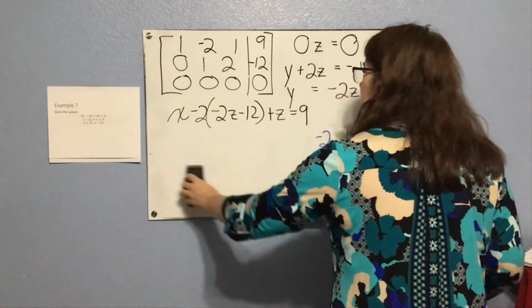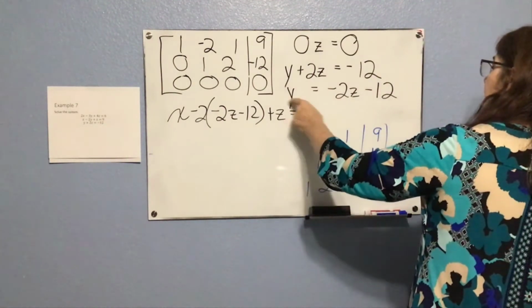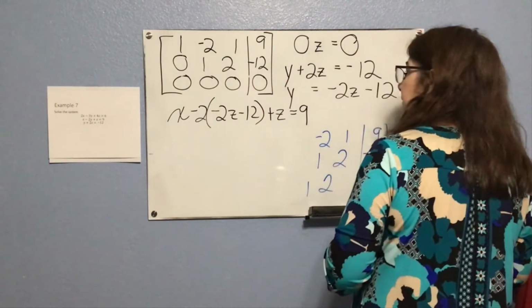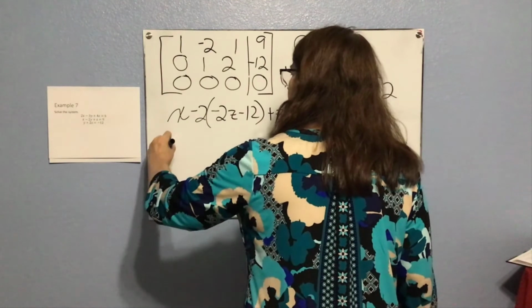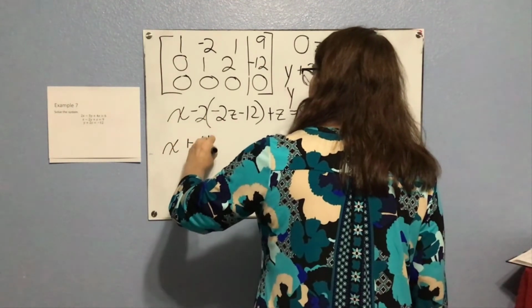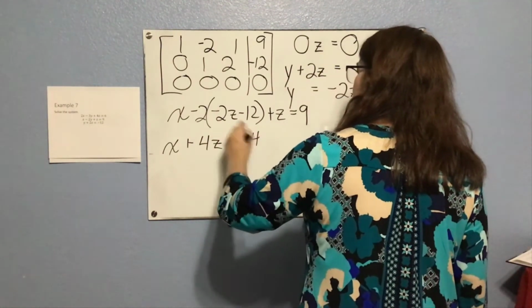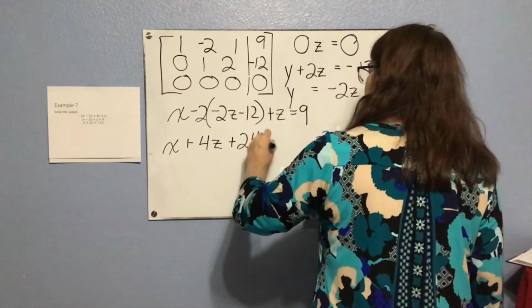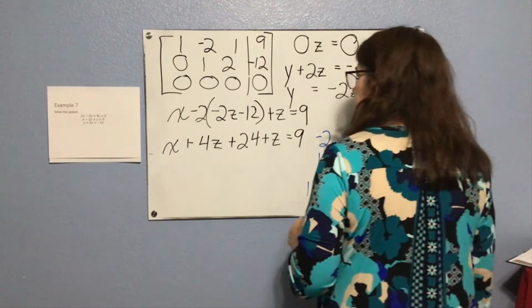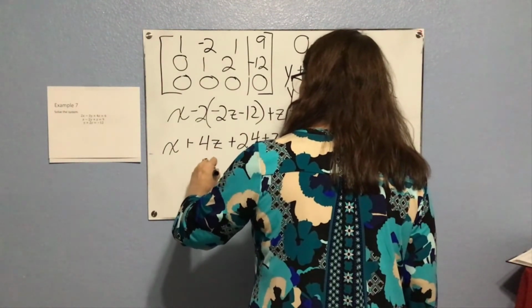And what I want here is x by itself. Like I have here, y equals something in terms of z. I want x equals something in terms of z. So let's multiply out what we've got. Negative 2 times negative 2 is going to give 4z plus 24 here, plus another z equals 9. Well, I've got 4z and another z is 5z.